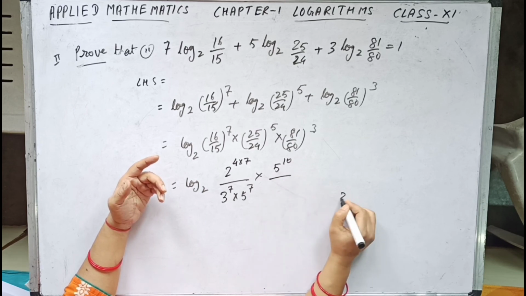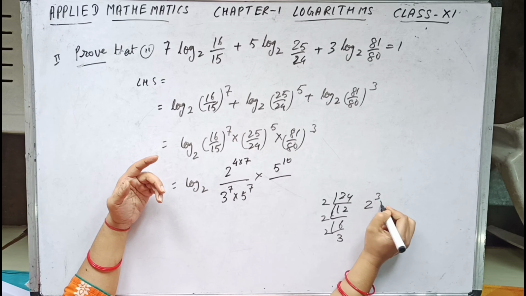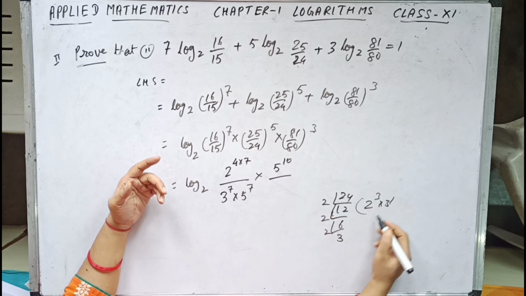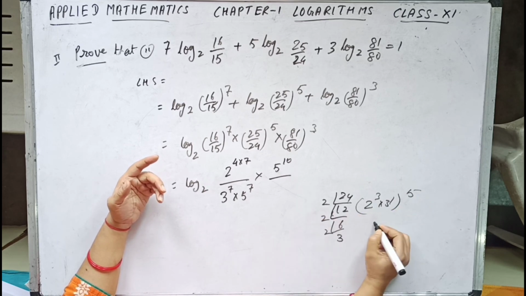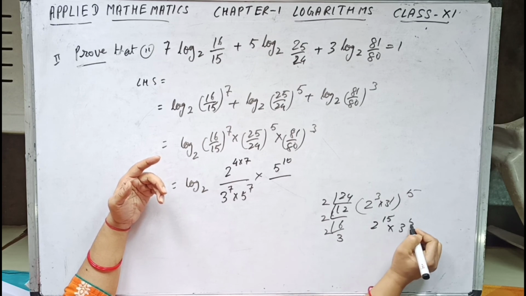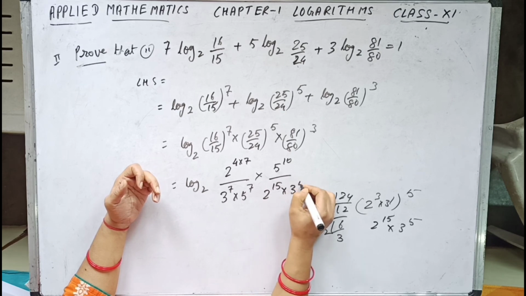And 24 is 2 power 3 into 3 power 1, and this is power 5. So we can write this as 2 power 15, 3 5s are 15, into 3 power 5. So over here 2 power 15 into 3 power 5.